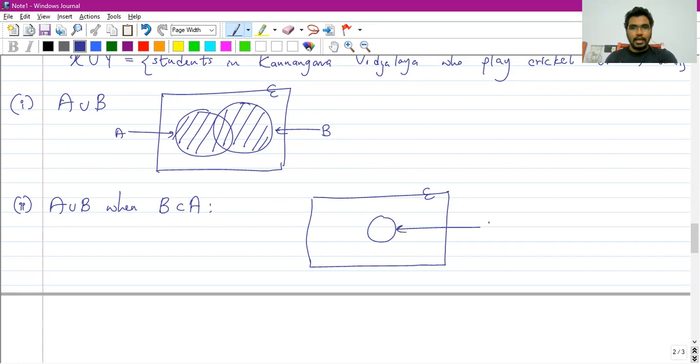This is set B. And if B is a subset of A, the set A must be a larger set than set B, and B must be inside that set A. So A union B means all the elements which are in set A as well as set B. So we can shade this whole part, and this whole part includes all the elements of set A as well as set B. So I think you can understand it.